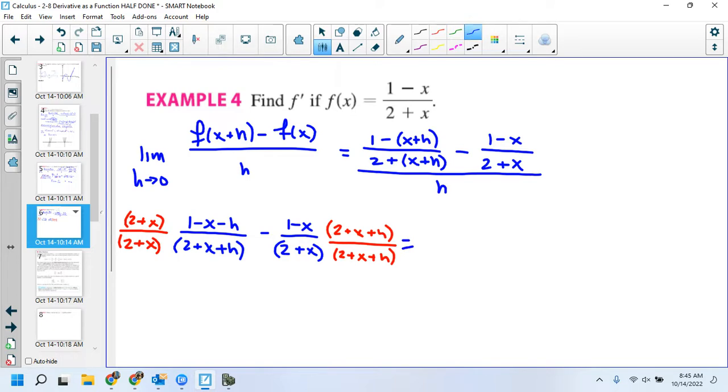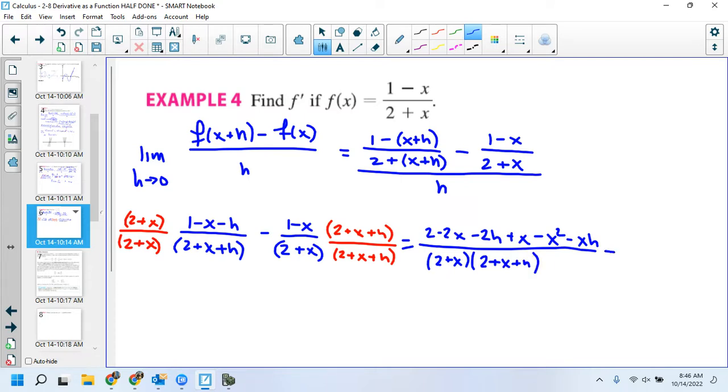Okay, let's multiply in on the top. This is going to give me a 2 minus 2x minus 2h plus x minus x squared minus xh, all divided by 2 plus x, 2 plus x plus h.